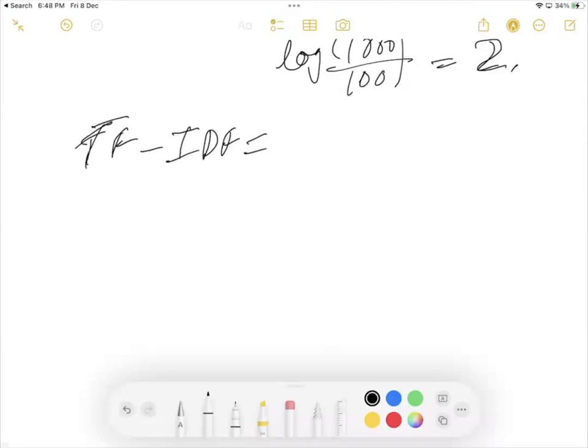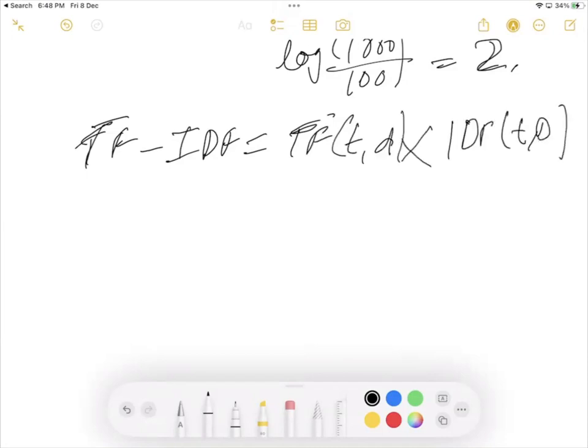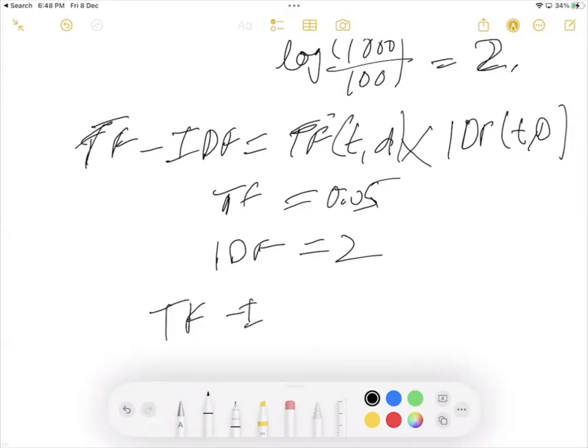The formula is TF(t,d) multiplied by IDF(t). In the previous example, TF is 0.05 and IDF is 2. We multiply these and it comes to 0.1.